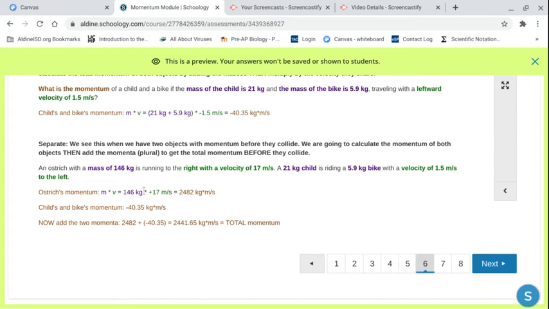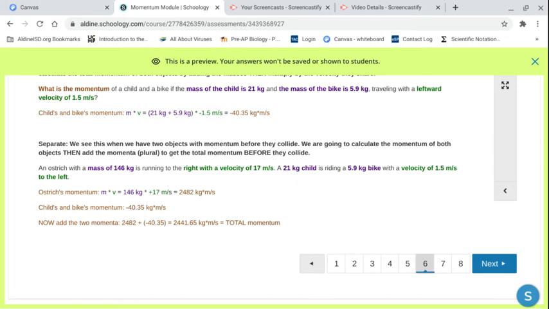We still have to multiply the mass times velocity. So when we do that, we have the ostrich momentum, 146 times 17, and we get 2,482. That is the ostrich momentum before it collides with the child on the bike. Then you have the child and the bike's momentum of negative 40.